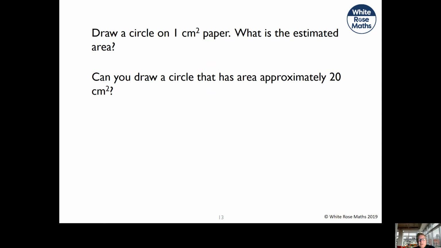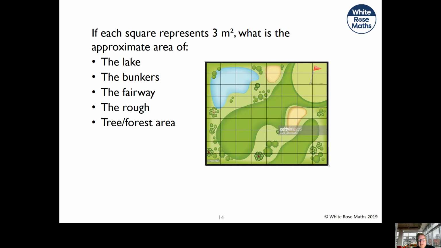Are you able to prove it? And the last choice today is, if each square represents 3 meters squared, what is the approximate area of the lake, the bunkers, the fairway, the rough, tree forest area?